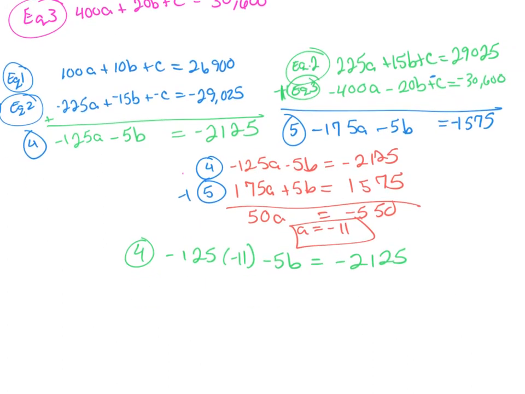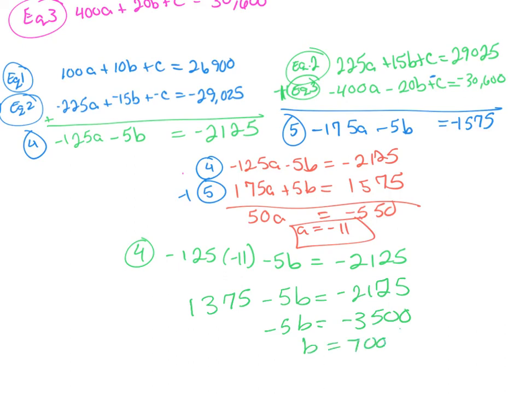So negative 125 times negative 11 gives us 1,375 minus 5b is equal to negative 2,125. I'm going to subtract 1,375 from both sides. So negative 5b is equal to negative 3,500, divided by negative 5. b is equal to 700. So there's our second answer.